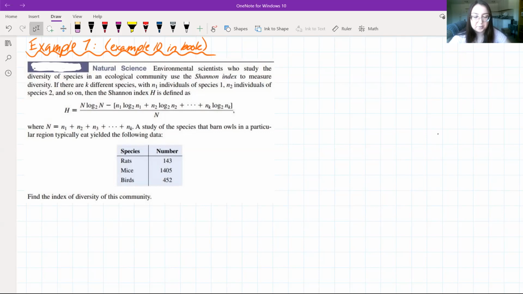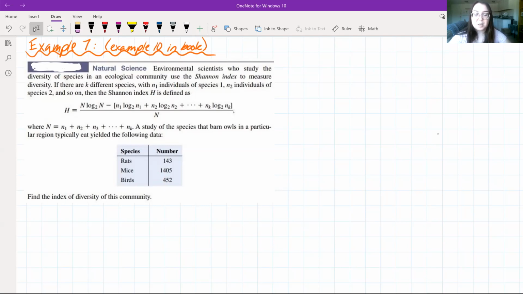H is equal to capital N times the log base 2 of capital N, minus n sub 1 times log base 2 of n sub 1, plus n sub 2 times log base 2 of n sub 2, plus dot dot dot to represent any species, with our n sub value representing that certain species.